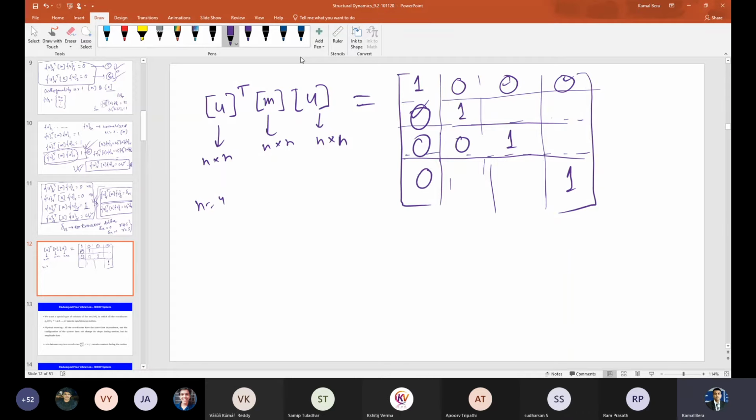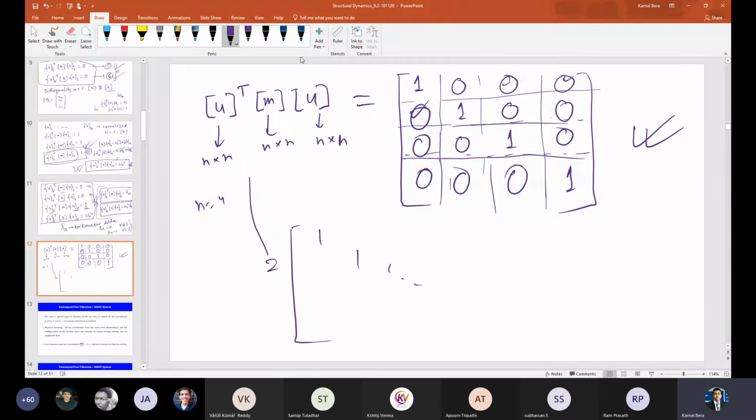You see how our life will become easier with this multiplication, and I am going to use this during the transformation for the modal analysis. Got it? Does everybody agree with this, or are you not able to understand why? I have shown it just for 4 by 4 because there is no space. In general, the n by n matrix will have 1, 1, 1, n times on the diagonal, and all the rest 0.